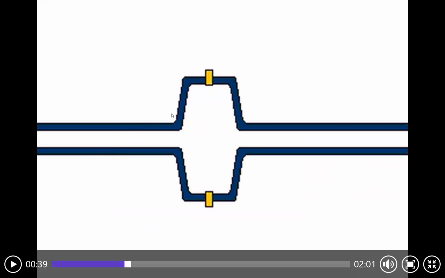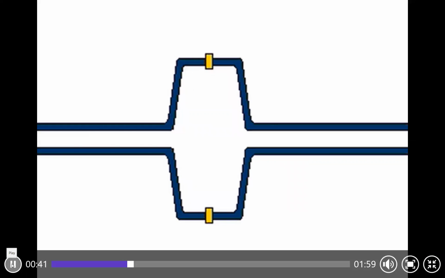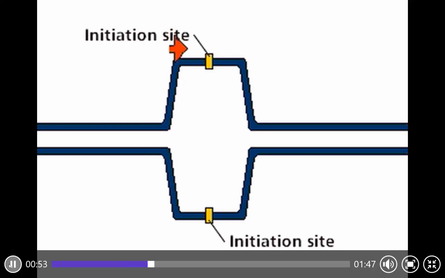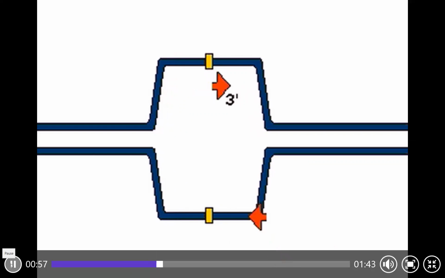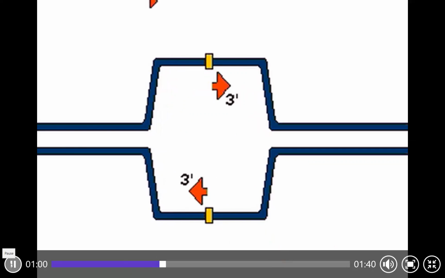Now remember we talked about this gives you something called a replication bubble. This is your fork on either side, and the fork opens up in both directions. You can see that. So here comes one strand, and you notice the other strand is being built in the opposite direction. So this one is being built 5 to 3. That one's being built 5 to 3 because that's how you build. You build 5 to 3, you read 3 to 5.